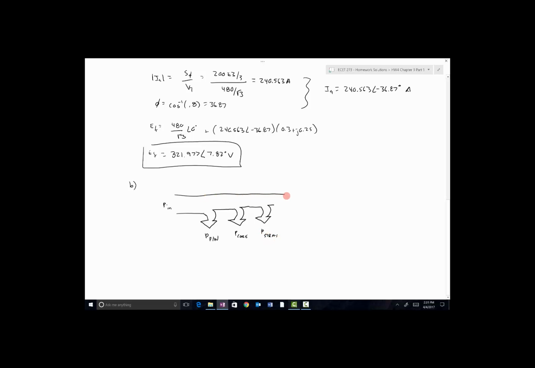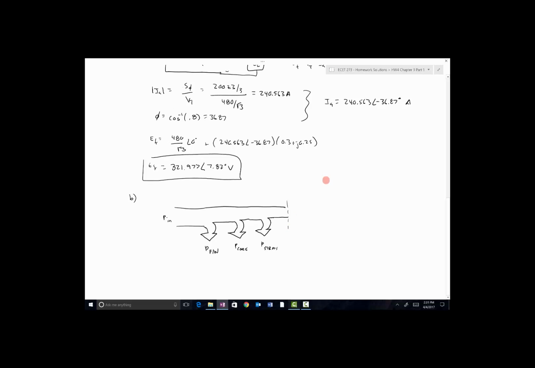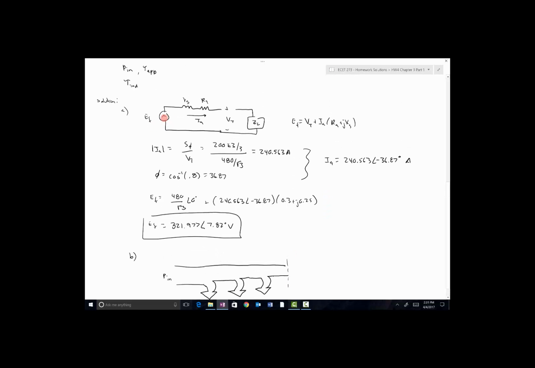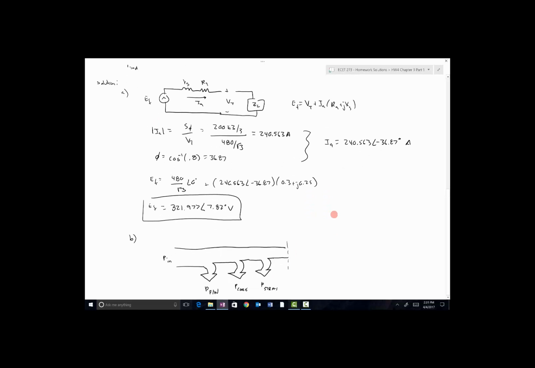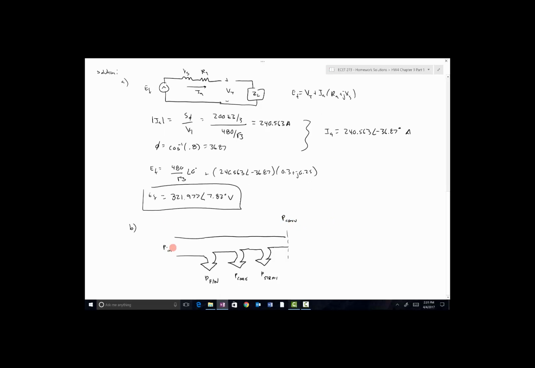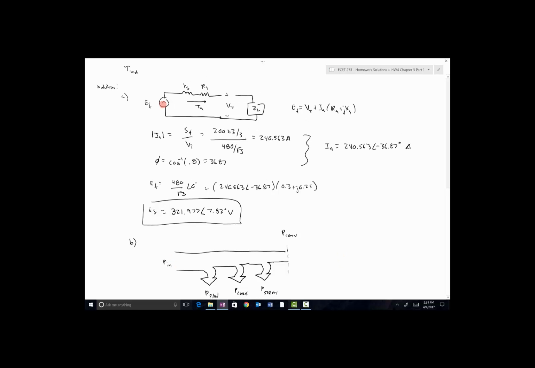And that input power then gets converted over into EF. So we call that the P converted. So that's how much of this input power actually made it into producing an electromagnetic field that resulted in EF.